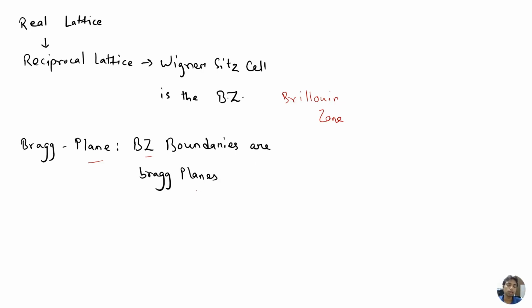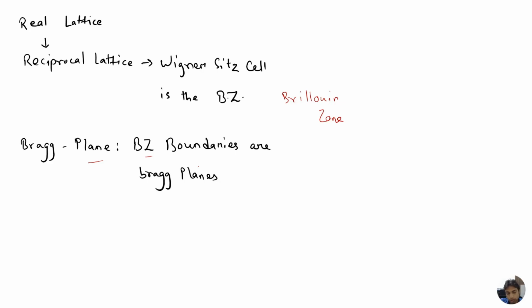Because initially we told that the Brillouin zone is the Wigner-Seitz cell. Brillouin zones are those regions in space which can be reached by traversing a certain number of Bragg planes. For example, the nth Brillouin zone means we have to cross n-1 Bragg planes.